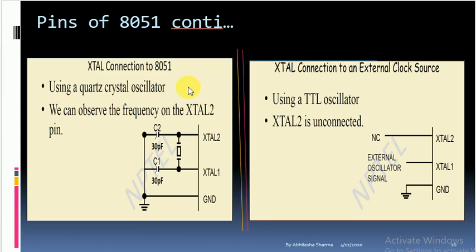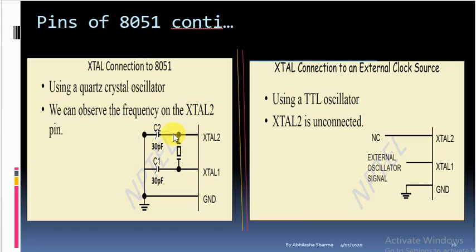Yes, this is the circuit diagram for the connection of the crystal oscillator with the 8051, and this is the circuit diagram for the external clock source. Whenever we have to connect the crystal oscillator, it is connected between the XTAL2 and XTAL1 pins.